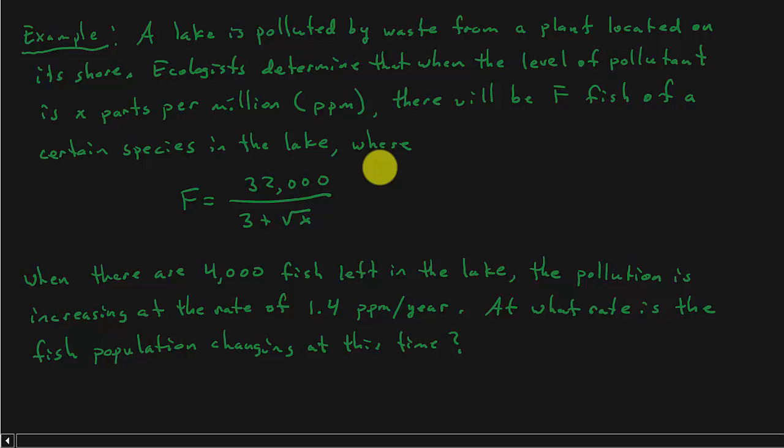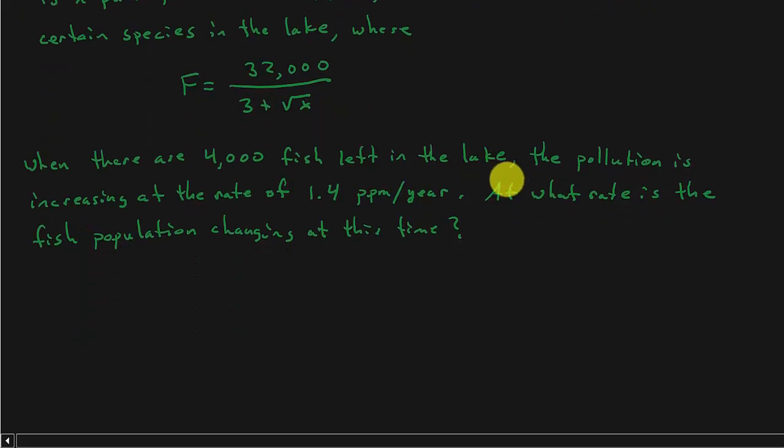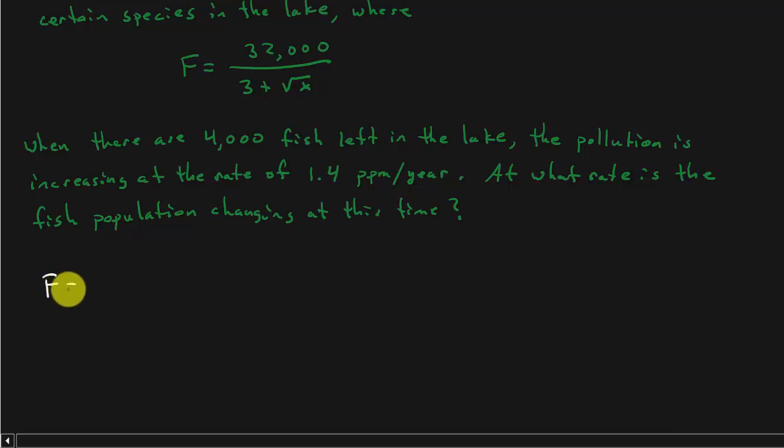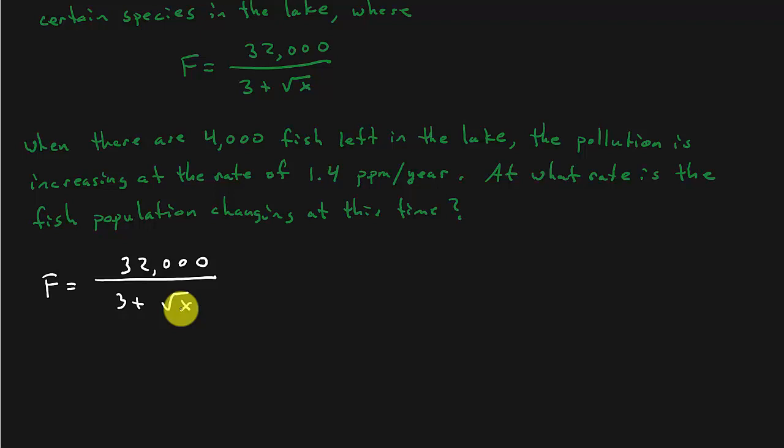Ecologists determined that when the level of pollutant is x parts per million, which we'll abbreviate ppm, there will be F fish of a certain species in the lake, where F is equal to 32,000 over 3 plus square root of x. When there are 4,000 fish left in the lake, the pollution is increasing at the rate of 1.4 parts per million per year. At what rate is the fish population changing at this time?